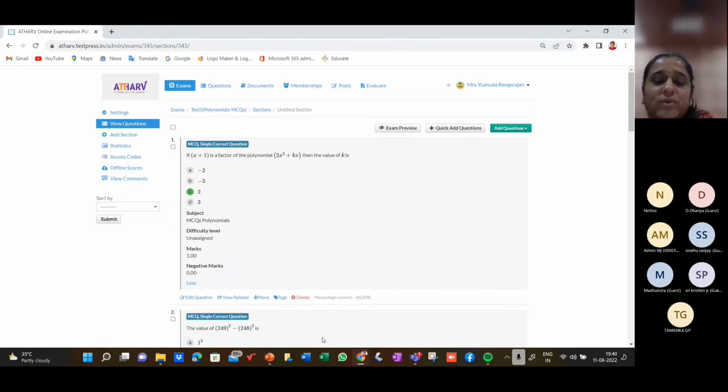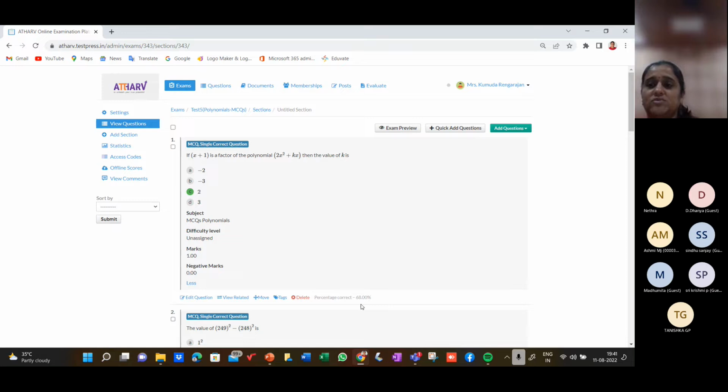What is a square minus b square? A plus b into a minus b, ma'am. So the answer is 249 plus 248 into 249 minus 248. So 249 minus 248 is 1. So 249 plus 248, calculator. 249 plus 248 is 497 into 1, which is 497.